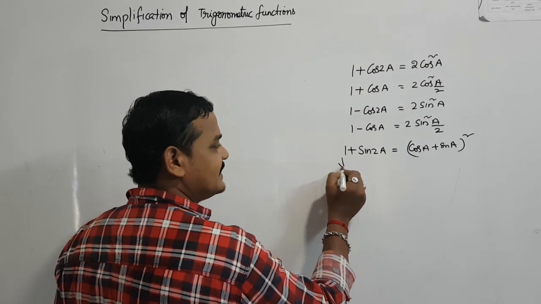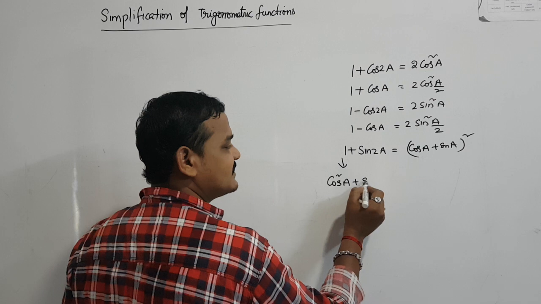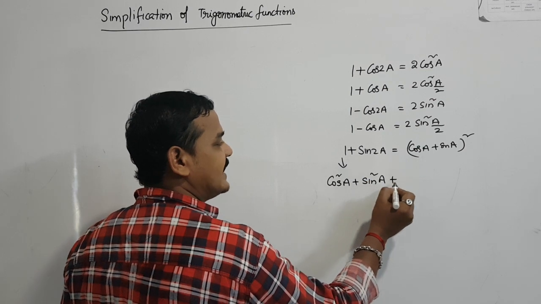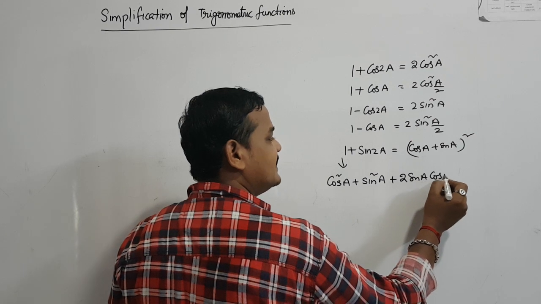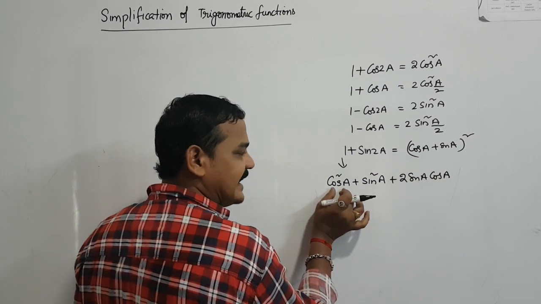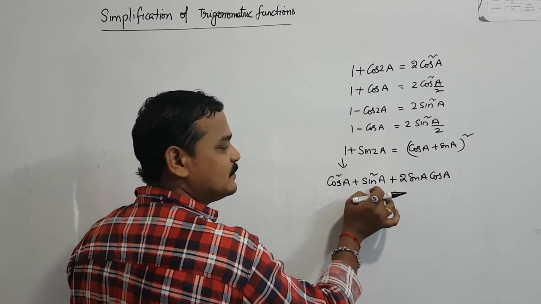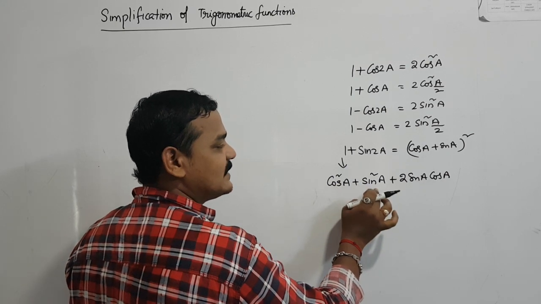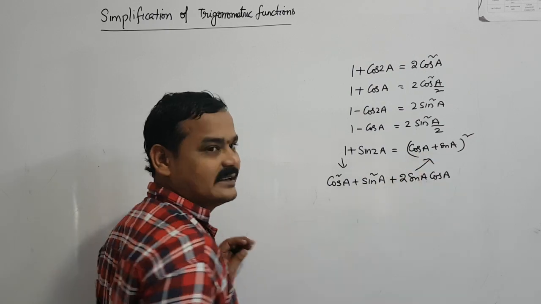Observe that it looks like a square plus b square, with cos A in the place of a and sin A in the place of b. So a square plus b square plus 2ab is a plus b whole square. Using this formula, I can write it that way.